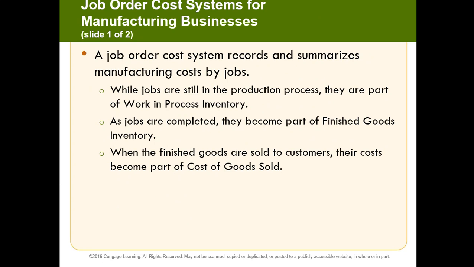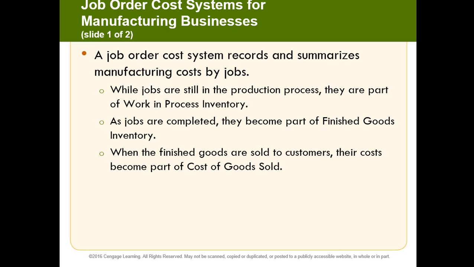Now, the purpose of a job order cost system, again, is to record and summarize all of our manufacturing costs on a job-by-job basis. So an order will come in, and that job is very unique and very specific to that customer. When jobs are in the production process, they can be 1% complete or 99% complete.